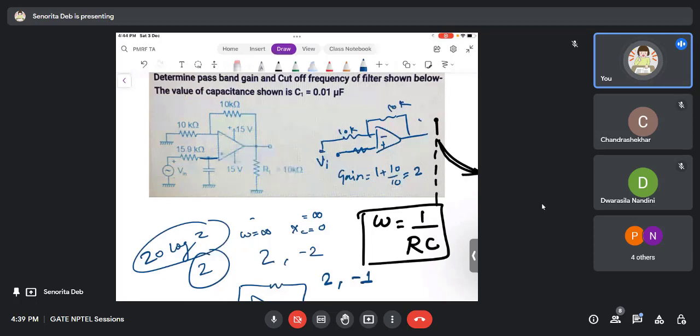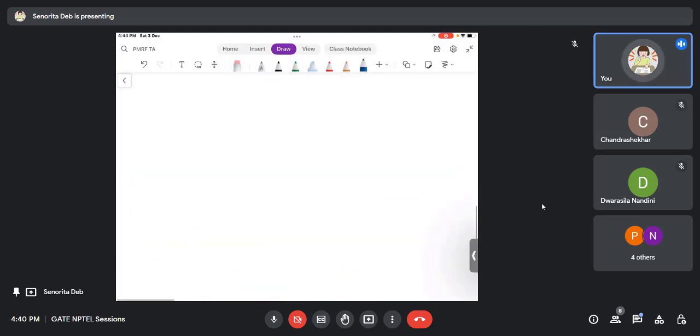Am I clear or am I too fast? Okay. So what is pass band gain?